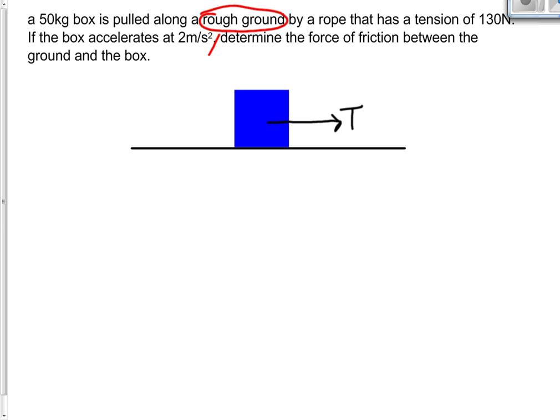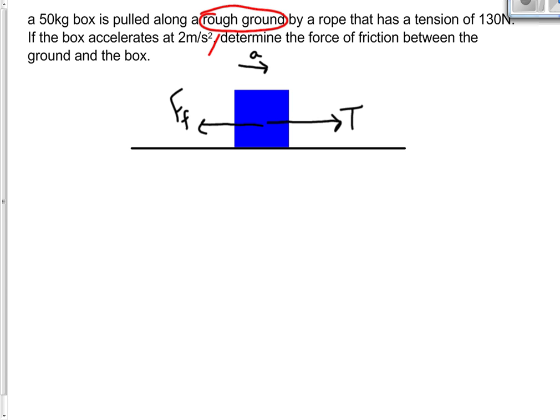And we also see that there is a rough ground, so there's some force of friction acting in the opposite direction. Friction always opposes motion, and as a result of this, the box is going to accelerate to the right. Okay, so there is our free body diagram.